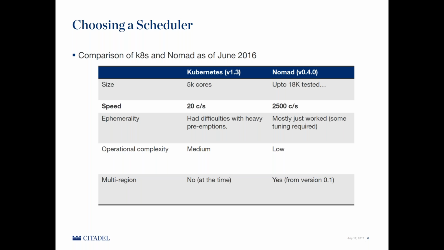The real killer number for us, and what drove how big a cluster we could actually maintain, was the rate at which we could schedule onto that cluster. Kubernetes at the time, I think it was about 20 containers per second we were able to squeeze out of it. I think we might be able to get a little bit more than that, but probably not double. Nomad was able to do 100 times that, about 2,500 containers per second.